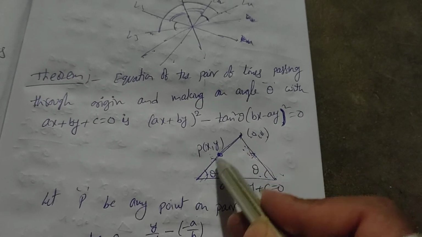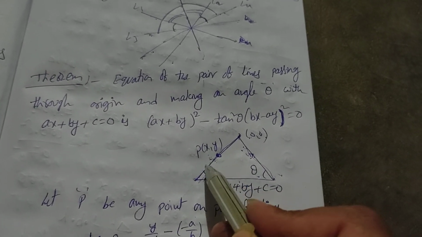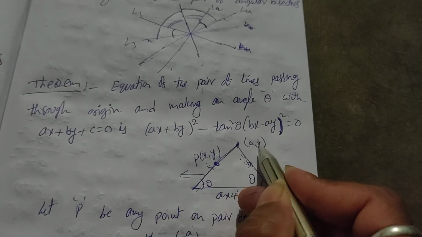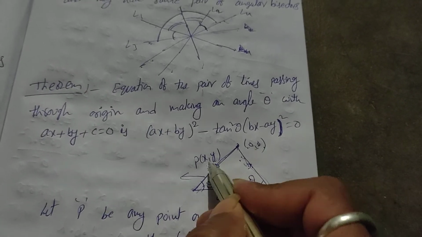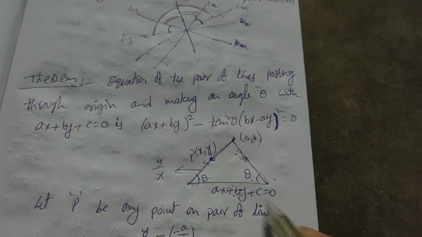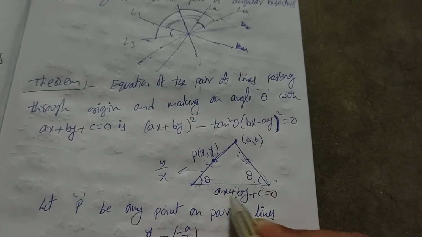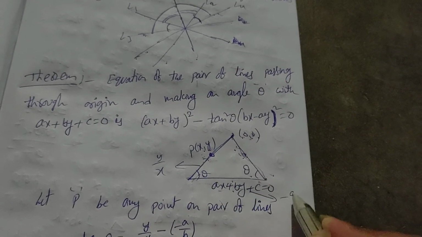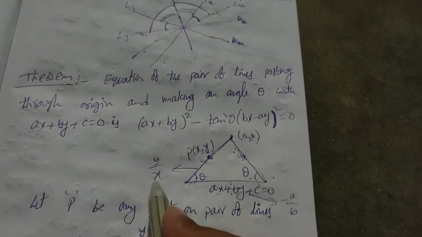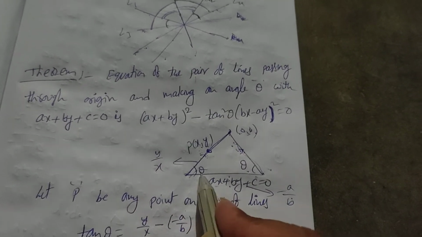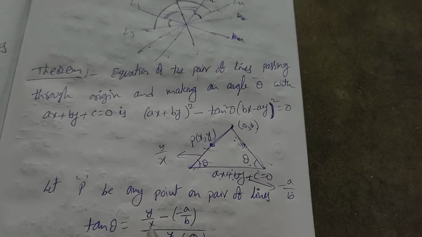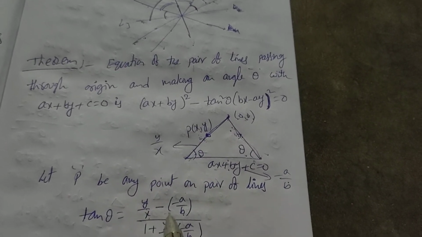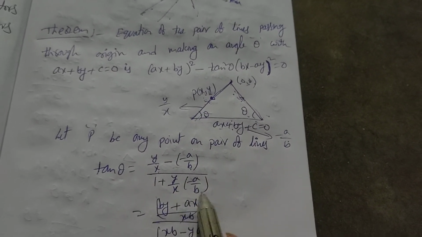What is the slope of this line? The slope of this line is 0 minus y by 0 minus x, that means y by x. The slope of this line is minus a by b. So this is m1, this is m2. So tan theta is equal to (m1 minus m2) by (1 plus m1 m2), that is (y by x minus of minus a by b) by (1 plus m1 m2).